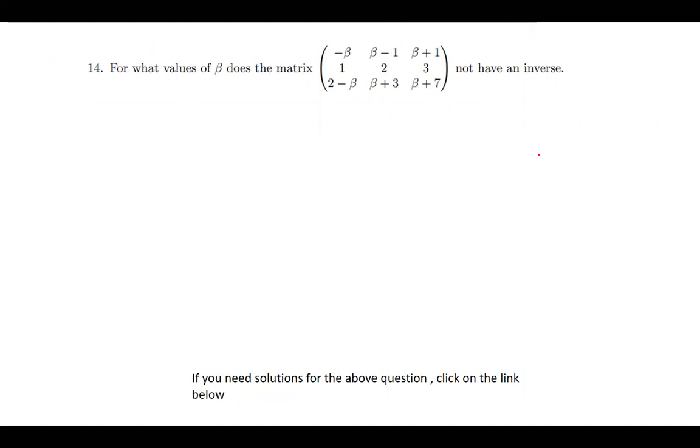So here, let me just say something. If they are saying find the values of beta for which this matrix does not have an inverse, then if this matrix is A and it doesn't have an inverse, it means that its determinant is equal to 0.